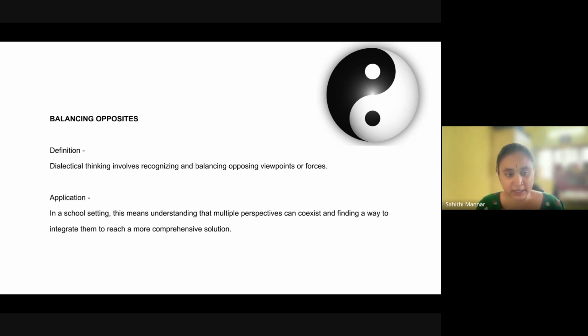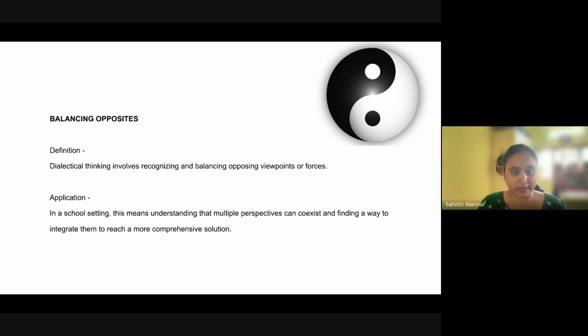Now in a school setting, to be very specific about it, this could mean that a student's disruptive behavior, or uncontrolled behavior, might stem from underlying issues that the student has, right?